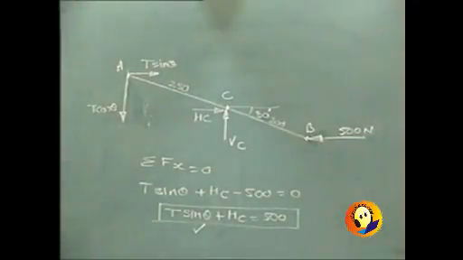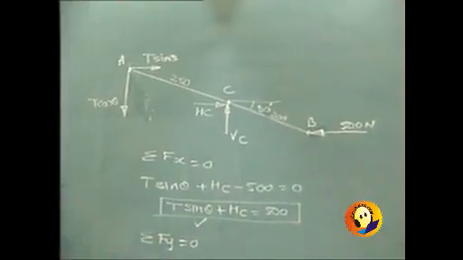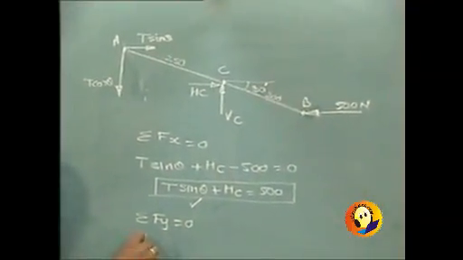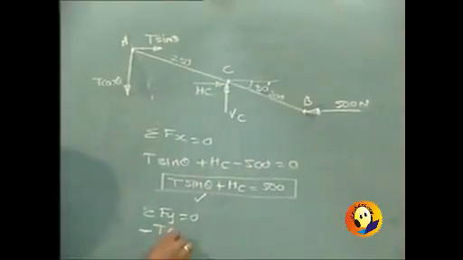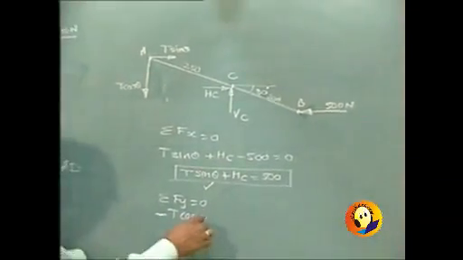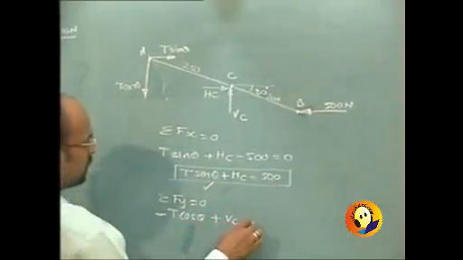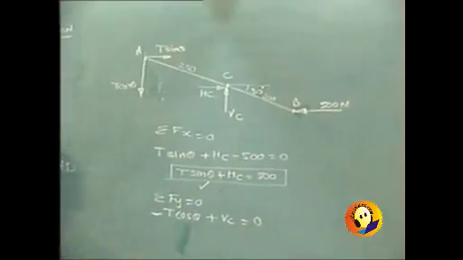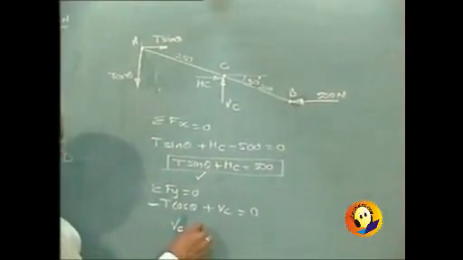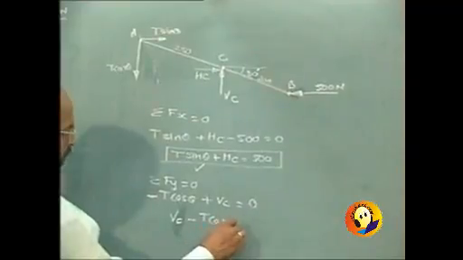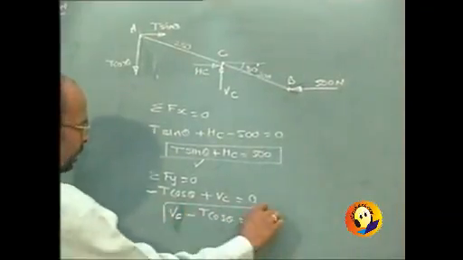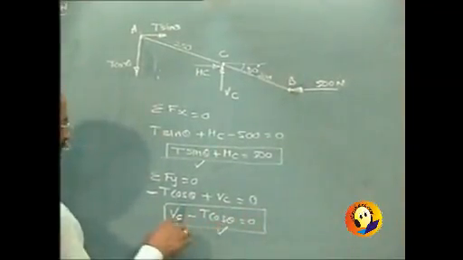T and HC are the unknowns. When we write sigma Fy equal to 0, it will be downward force T cos theta, that is minus T cos theta, plus upward force VC is equal to 0. And we get one more equation, VC minus T cos theta is equal to 0. Again cos theta is known, VC and T are unknown.